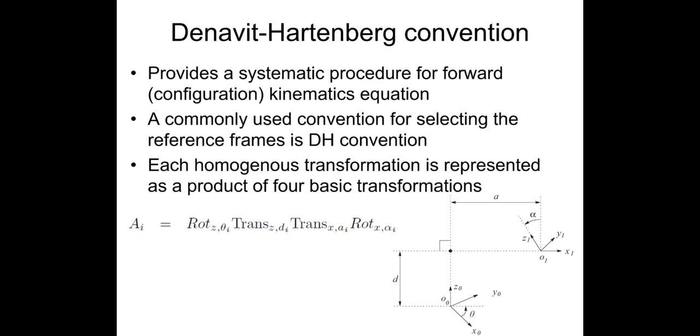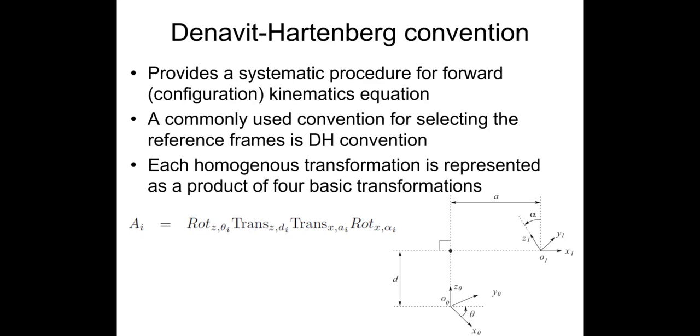This comes to the method called the DH convention, which is the Denavit-Hartenberg convention. This method provides a general methodology so that we can do the analysis between any 2 frames of the joints.